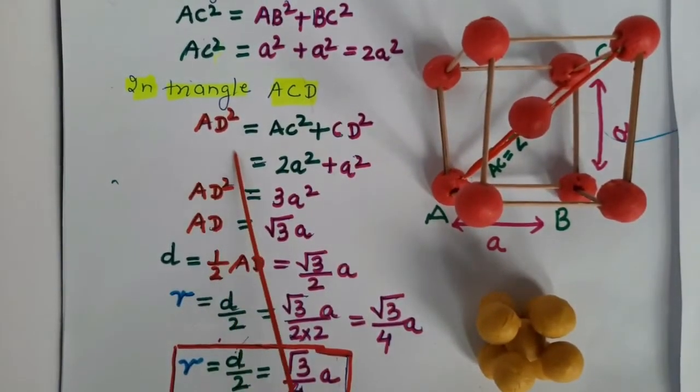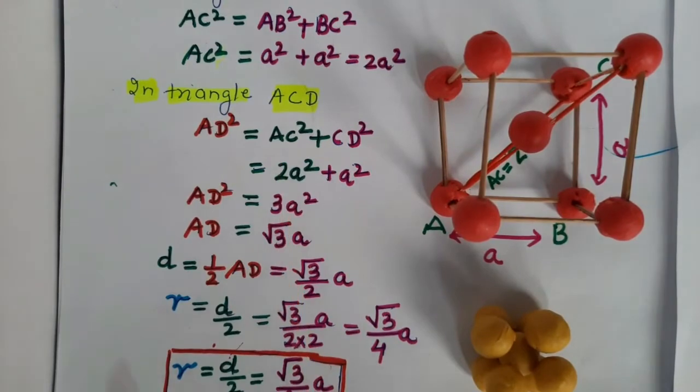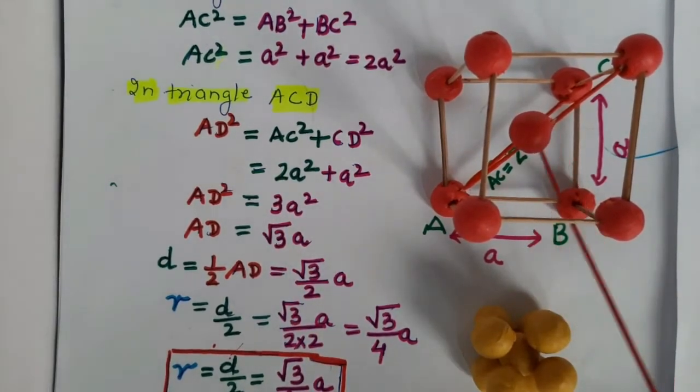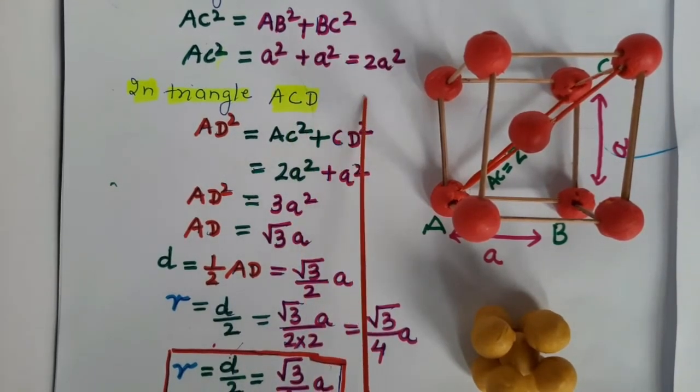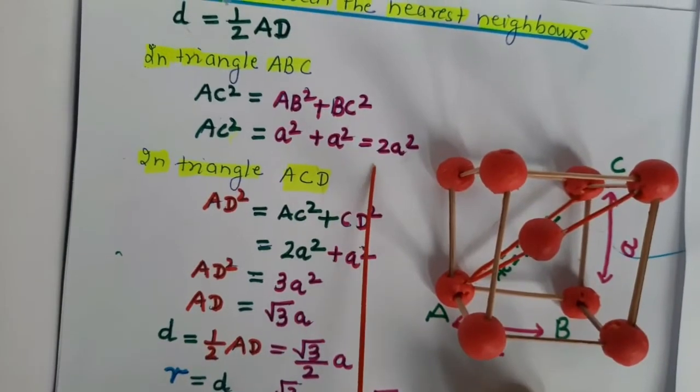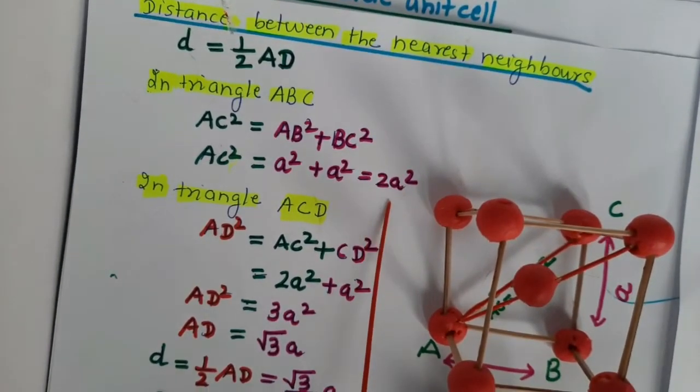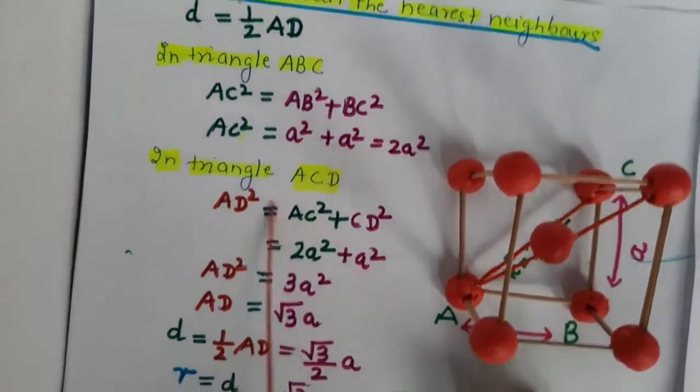Now, let us consider the angle ACD. Here AD square will be equal to AC square plus CD square. And we have seen that AC square is equal to twice of a square.